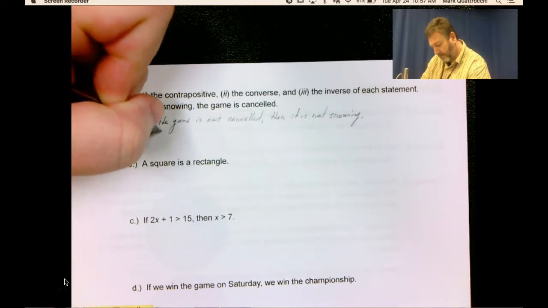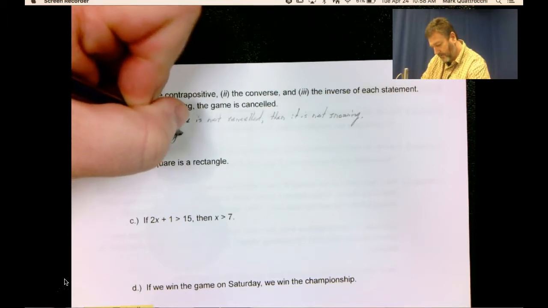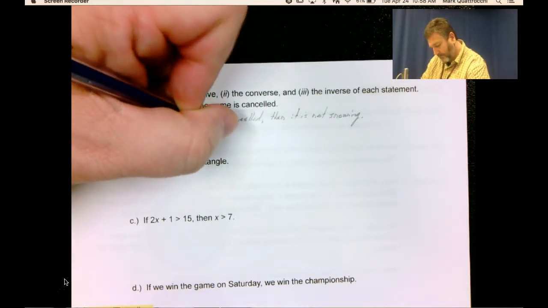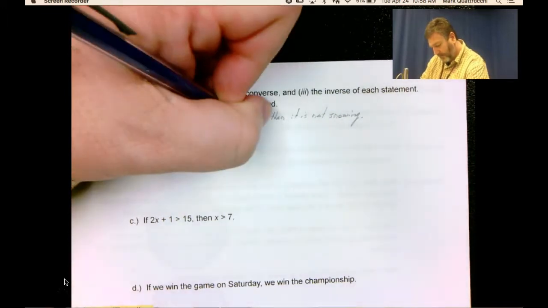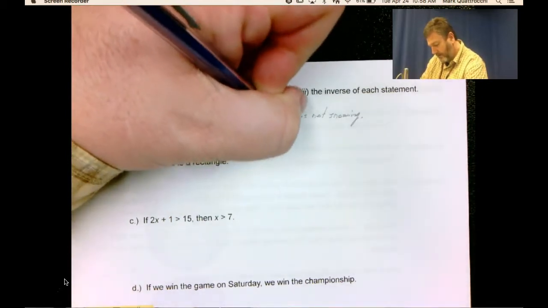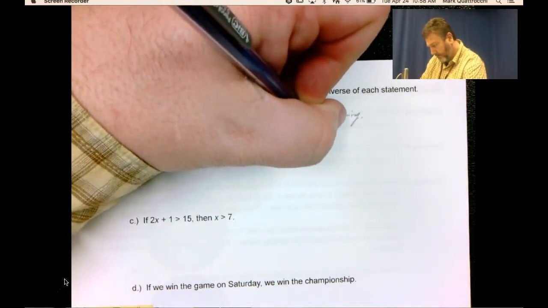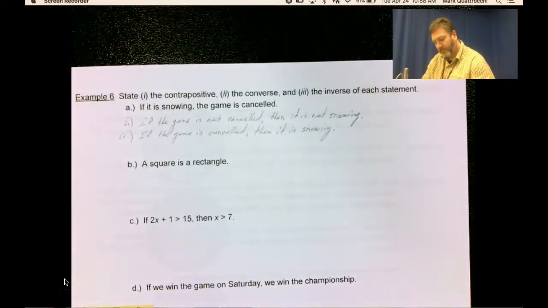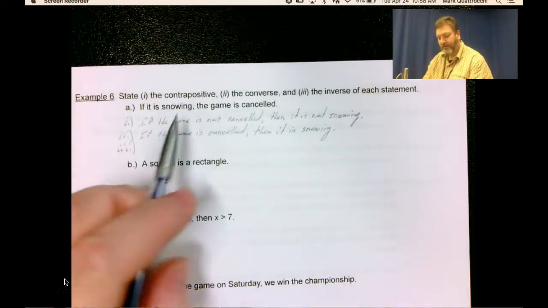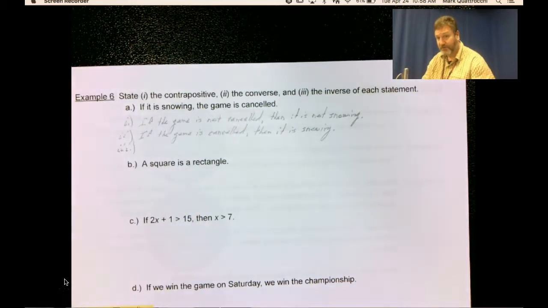If the game is canceled, then it is snowing. Roman numeral 3. Inverse. Inverse is negate the hypothesis, negate the conclusion, but don't switch.